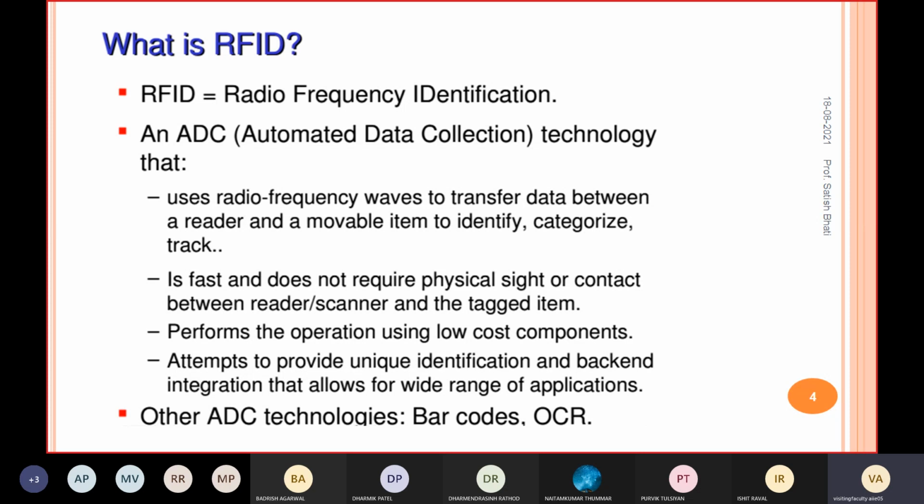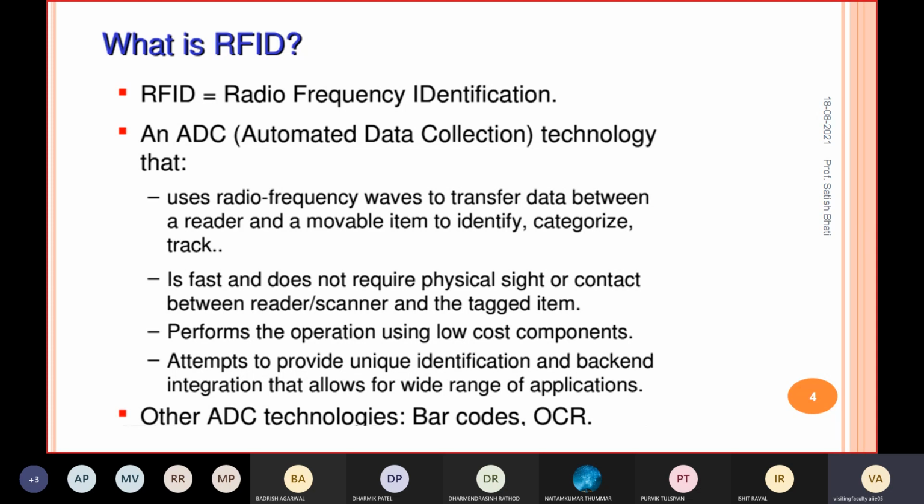One is the reader, and the second is some movable item, right? The data may be related to identifying that object, categorizing that object, or tracking that particular thing, right?